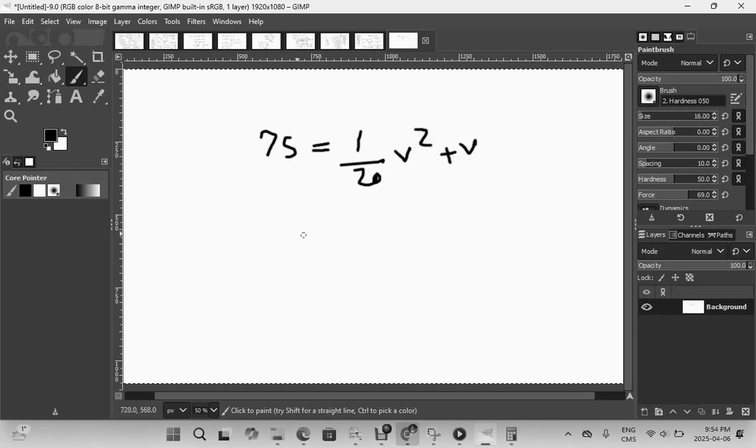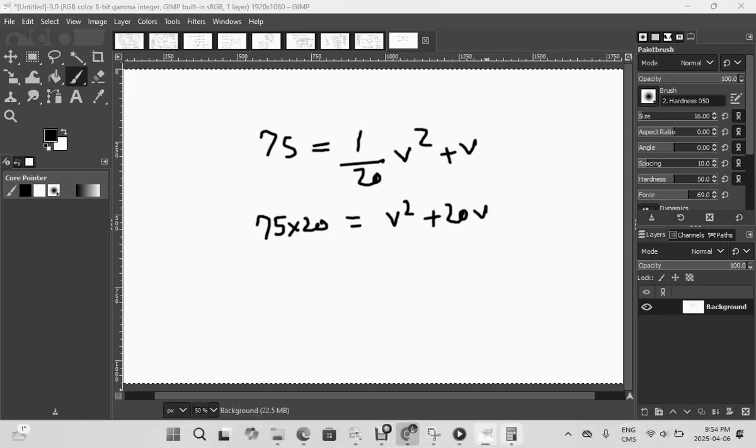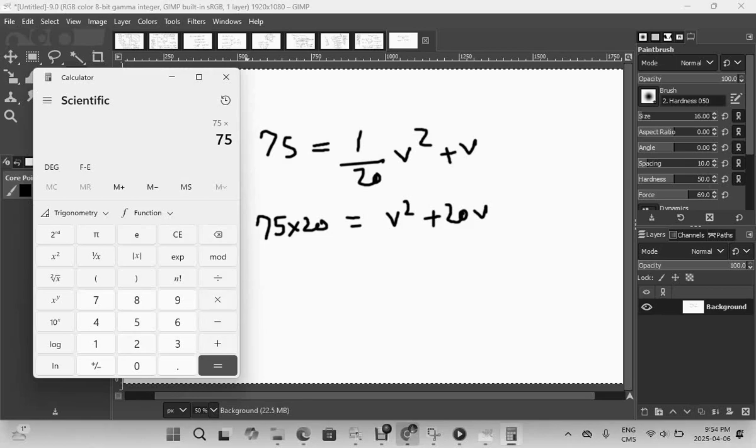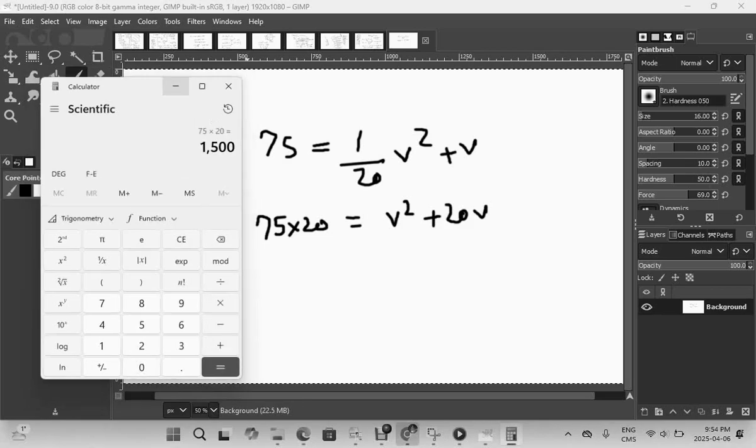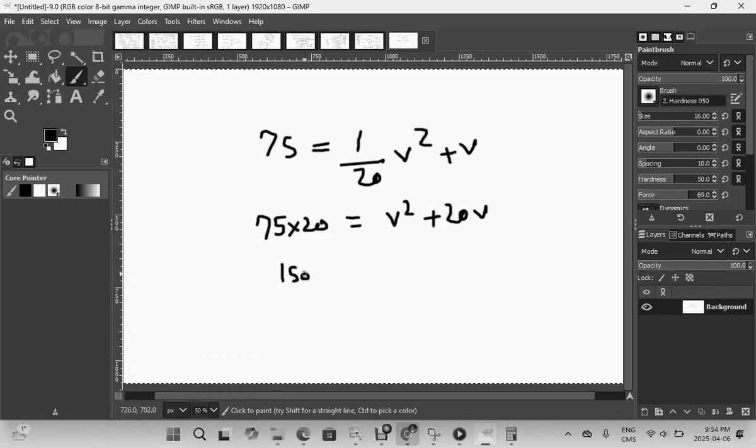So 75 times 20 equals v squared plus 20v. 75 times 20 will be 1500, equals v squared plus 20v. So we know that v squared plus 20v minus 1500 equals 0.